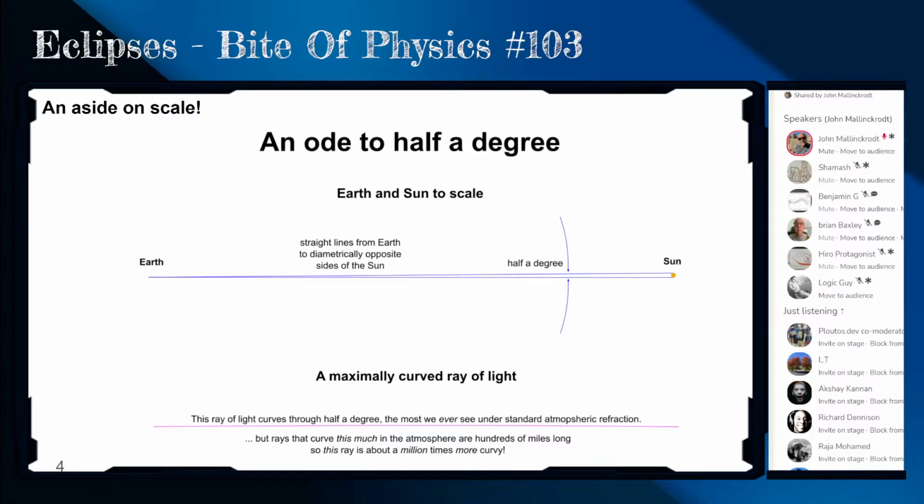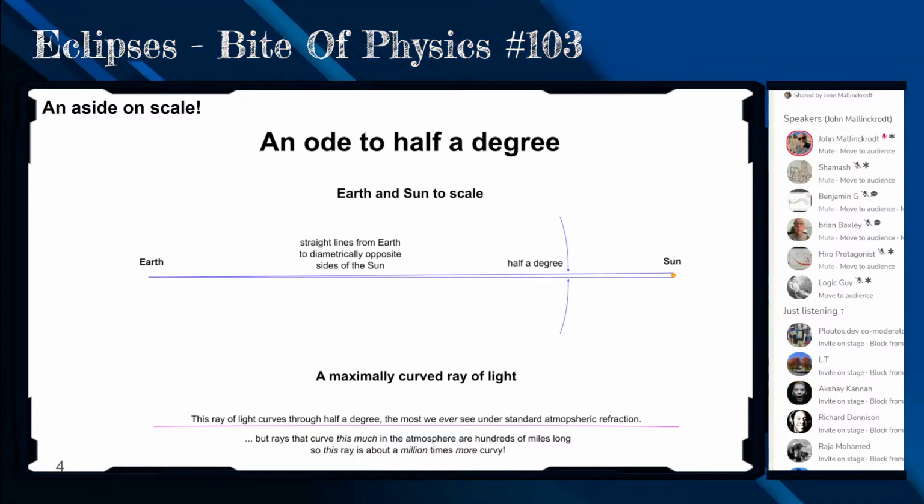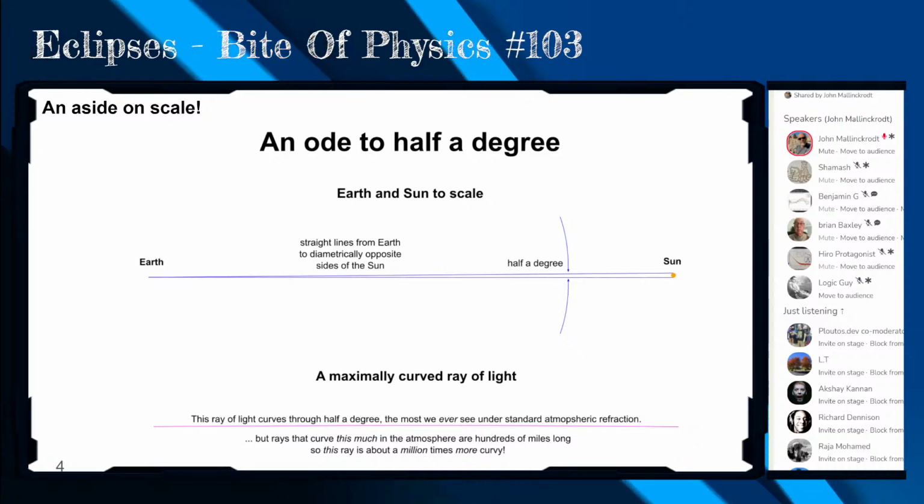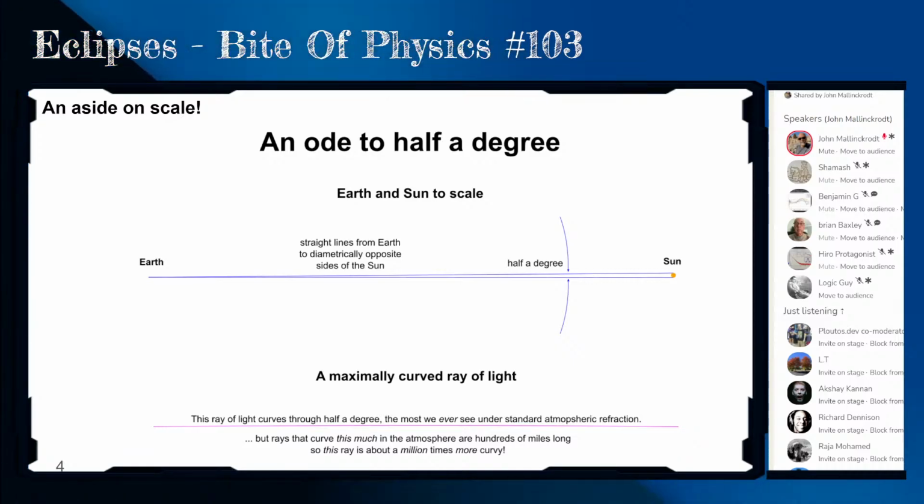And that angle that you get when you draw a line from the Earth to the top of the sun and another line to the bottom, or of course, any two diametrically opposite sides of the sun, subtends, geometry talk, a half a degree.